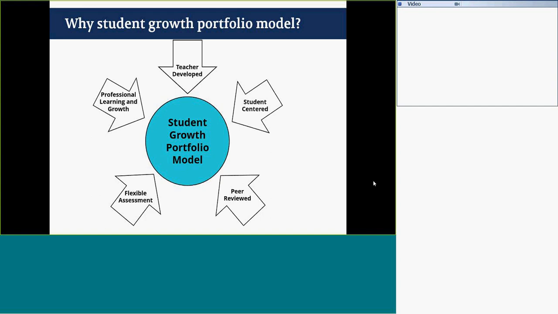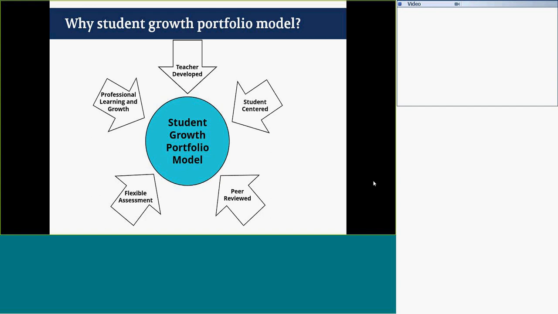So again, it's flexible in that way as well. It is also peer reviewed, and more information will continue to come out through the year about the peer review process. I also encourage you to read in the resource guide about the peer review process, and there will be opportunity for portfolio teachers to seek out the opportunity to be a peer reviewer.